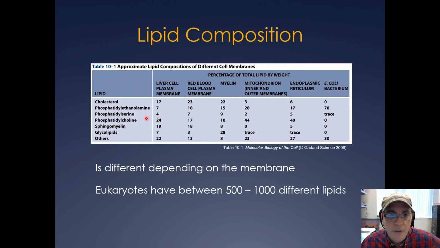So you can see that phosphatidylserine is relatively rare. Phosphatidylcholine and sphingomyelin are a lot richer, but you don't find any sphingomyelin in the inner or outer membranes of the mitochondria. So it's just interesting to know that the lipid composition is different depending on the cell membrane and depending on the cell type.